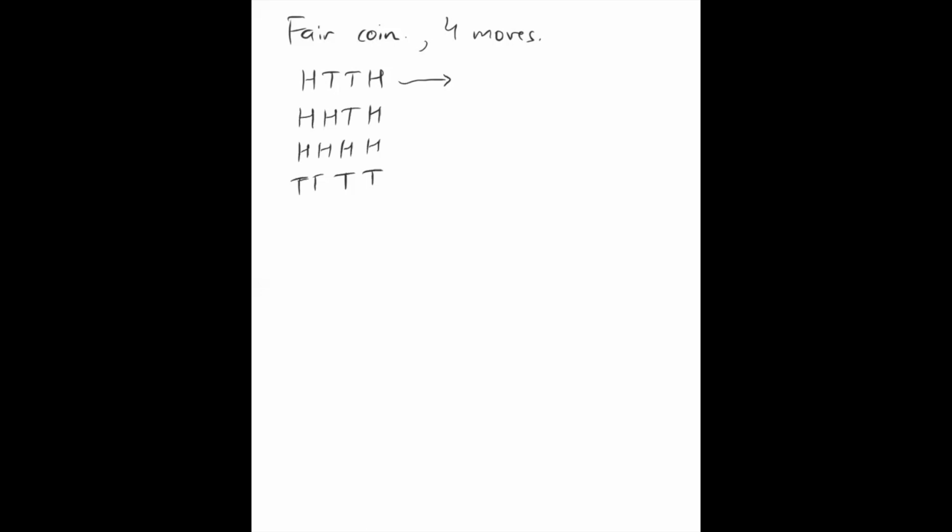So I've got four things here, and each head or tail happens with probability half. So you would just multiply this way, and you would get 1 upon 16, and you would do the same thing for all of these, and you would get that all of these have a chance 1 upon 16 of happening.